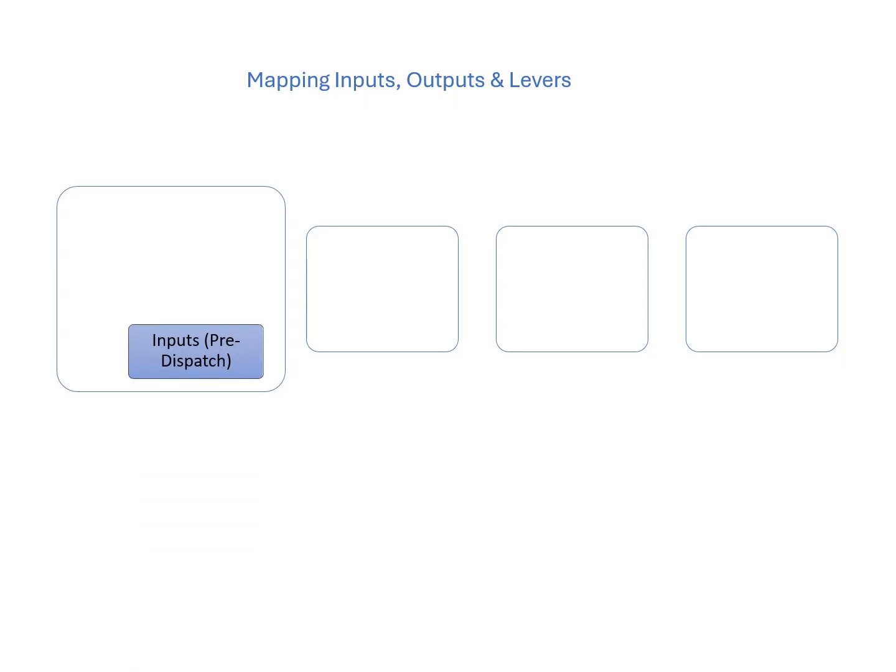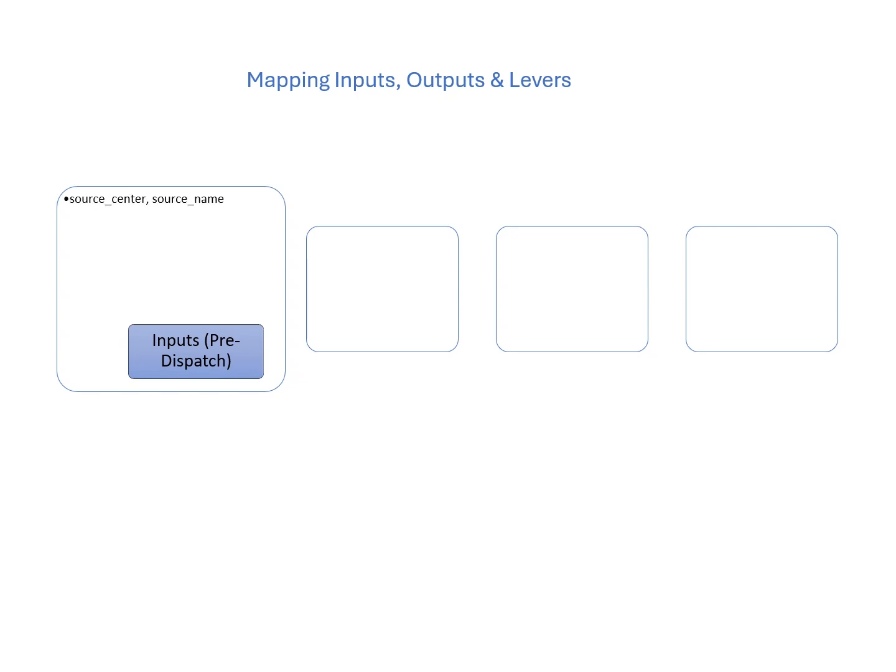In input, you would see any variable which is going to set the background of the story. Story over here is trip completion. In terms of data, it would mean one line item or one row. So all those variable which is going to set the initial background is going to come into inputs.